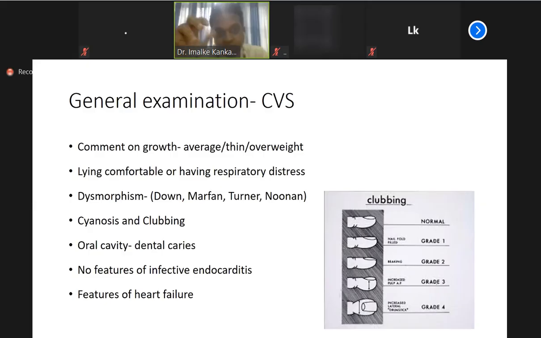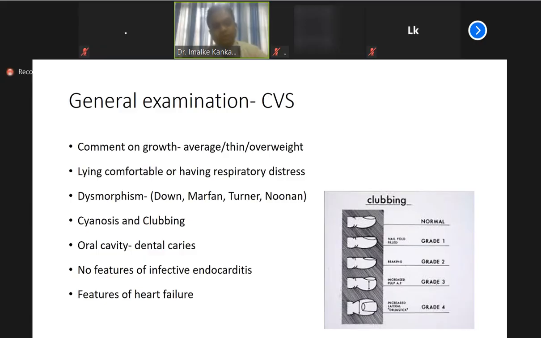So likewise, don't try to have a comprehensive list. When we ask you to make some cards and all, you are trying to put all the things under the sun in the general examination to make your card more elaborate. But at the exam, you will forget salient things.